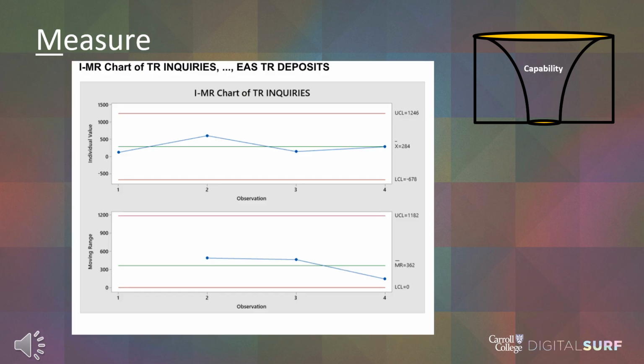Something else that we needed to verify or establish was the relationship between inquiries, applications, and eventual matriculations to Carroll. We received data for a 4-year time period from 2015 through 19 on the number of inquiries that were made, the number of applications that were received, and the number of eventual matriculations.